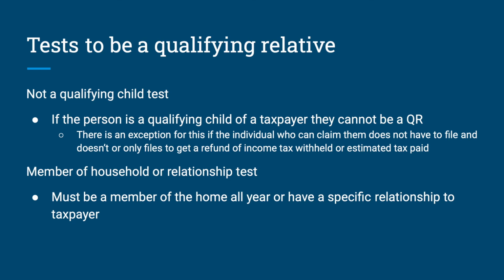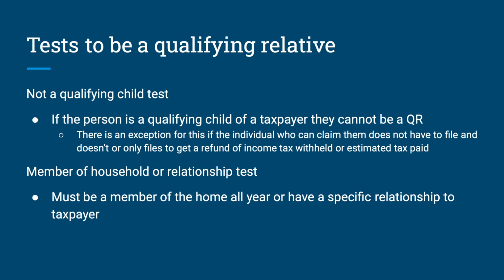And so moving on to the qualifying relative tests. So the first one is that they are not a qualifying child test. And so this is kind of what I touched on already, where we always do the qualifying child test before we do the qualifying relative test, is that if the person is a qualifying child of a taxpayer, they cannot be a qualifying relative.